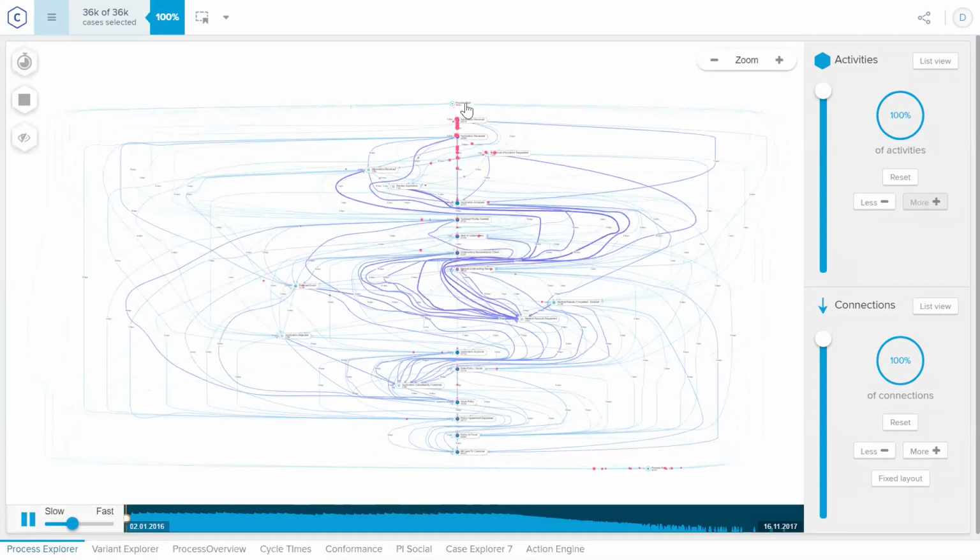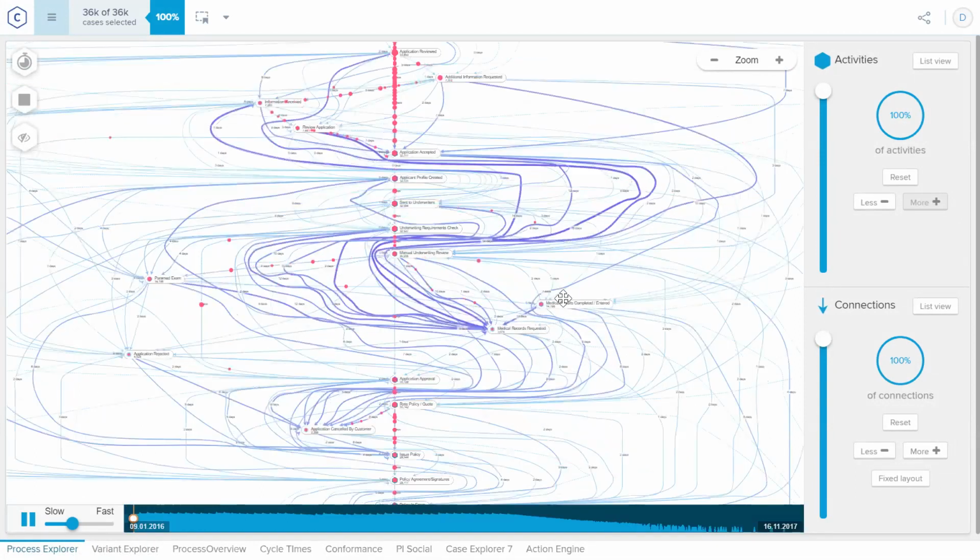What you're seeing here at the top with the bursting of the animation is a brand new day every time it bursts up here. You start to see where the process timeline is taking place and where possible bottlenecks are occurring in this process overall.